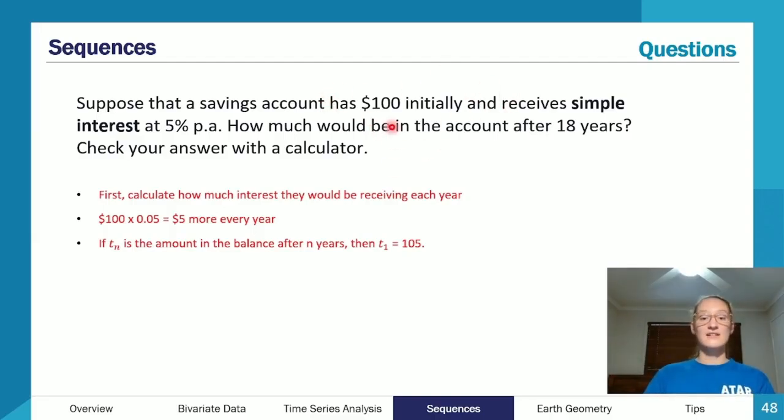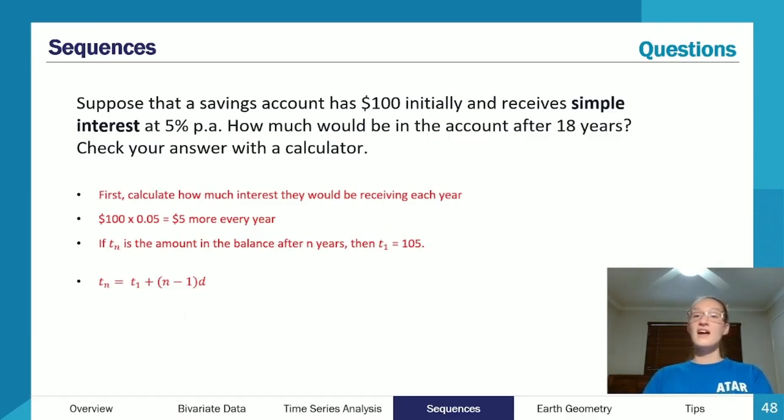Then after 1 year has passed, there's $105 in the account. So I've defined T1 as 105 so that I can use this rule here, because I can't use this rule with T0, I have to calculate T1.